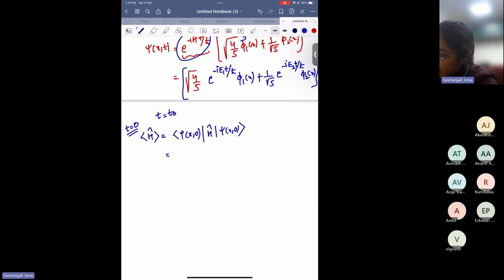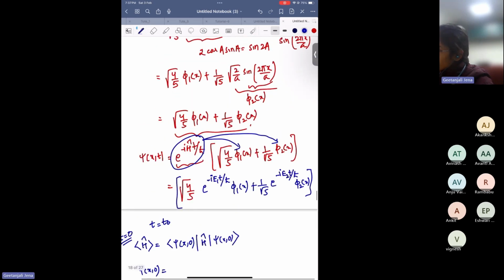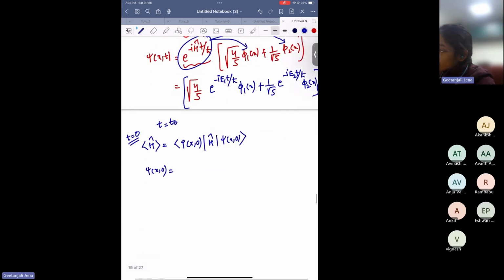Let's see what was the value of the wave function of the initial state, that is psi of x0.